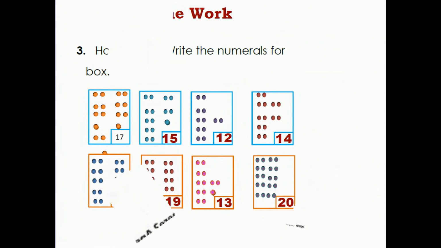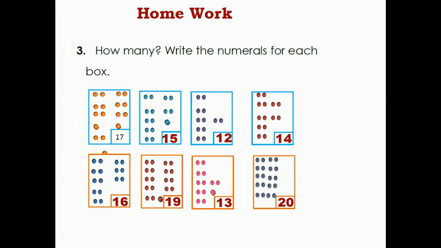And I have given you one homework. What you will do here is write the numeral for each box. The dots are inside the box, so you count and then you write the amount, based on the example here.